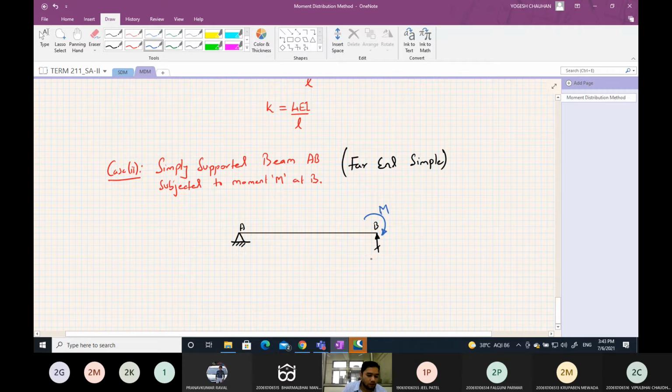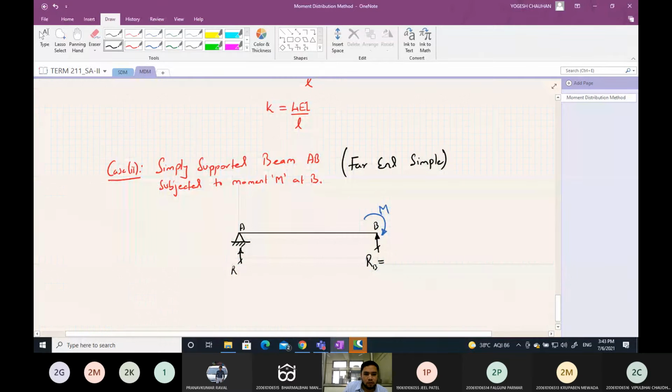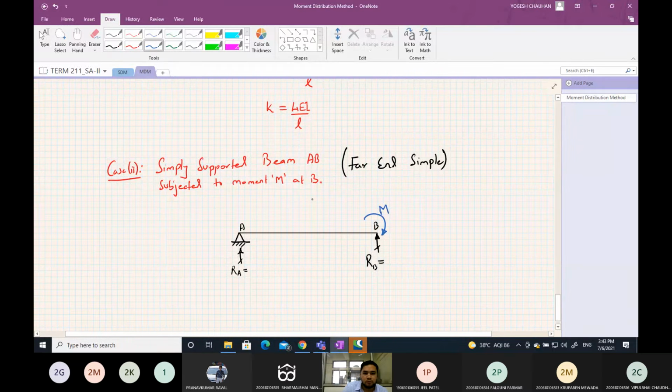This will be anti-clockwise shear. So let RB be the reaction at B, and let RA be the reaction at A. So this will be up and this will be down. So it will be M by L and this will be minus M by L, where L is the length of the member.